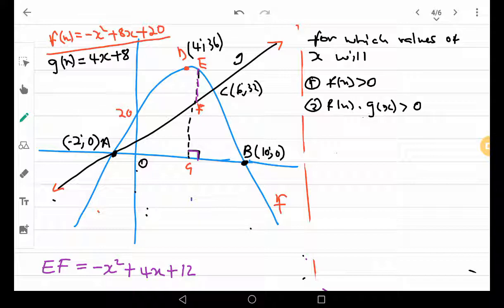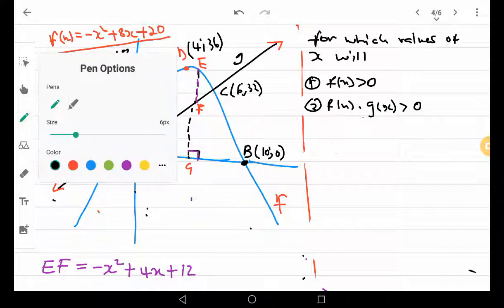For f of x greater than 0, it means the y value is positive, so it's above the x axis.